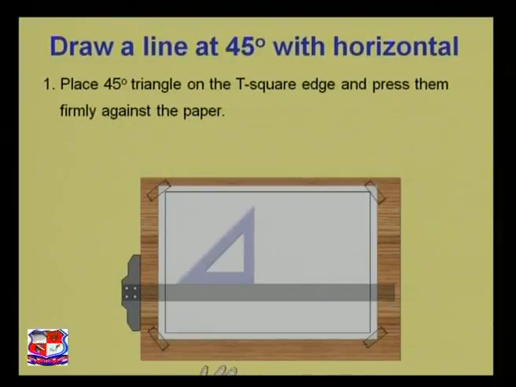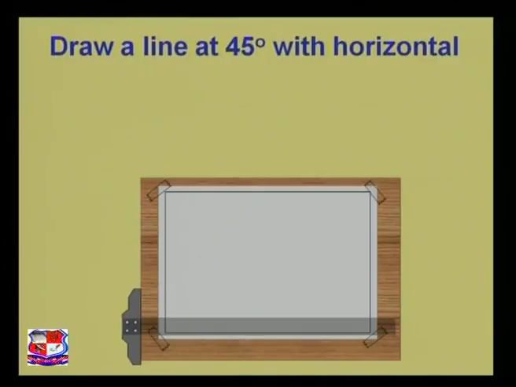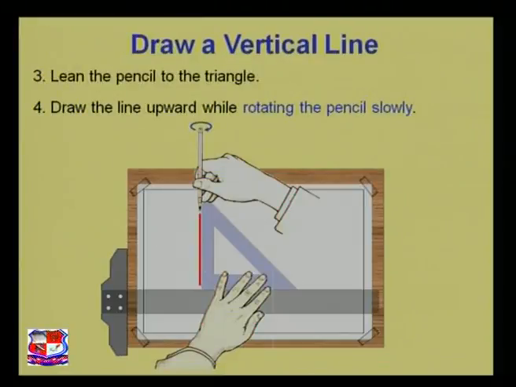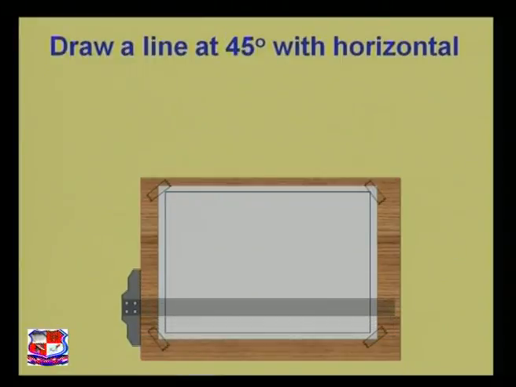Place the 45-degree triangle on the T-square like this. See again. Where you want to draw a 45-degree line, slide the T-square and place the 45-degree triangle like this.